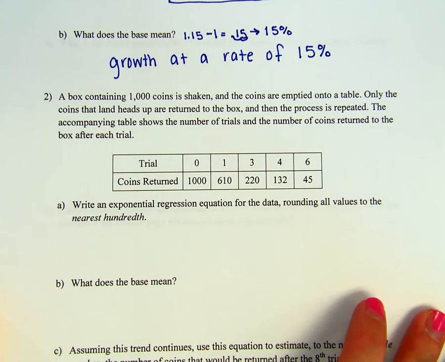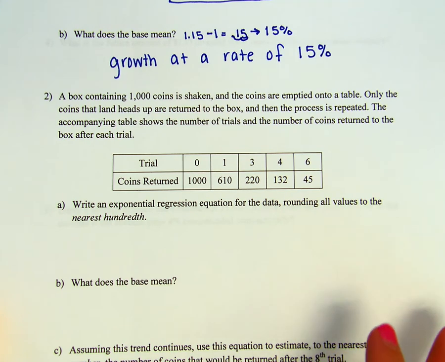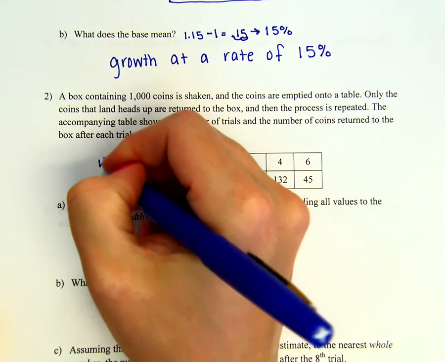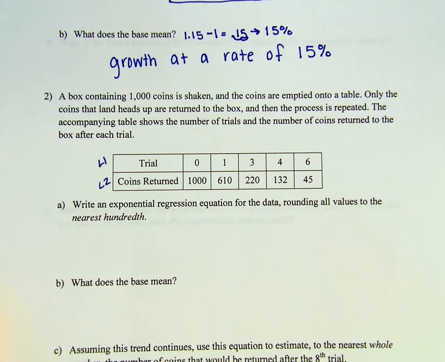Question 2 is asking us to do very similar things. A box containing 100 coins is shaken and then poured out. So here we have our table. Again, remember, the first line goes into L1, the second one goes into L2. We're going to go into our calculator, Stat, Edit, clear out whatever information's already in our table.